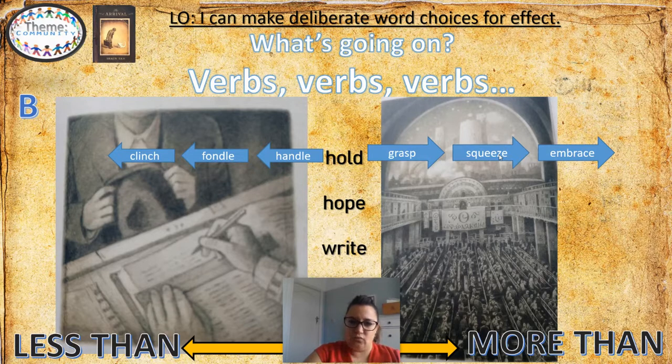I wonder how I might describe the man holding the hat, especially knowing that he might be quite nervous and anxious. Is he going to be fondling it? Is he going to be grasping it and squeezing it? Stop the video now so you can make your choice and write a sentence using it.